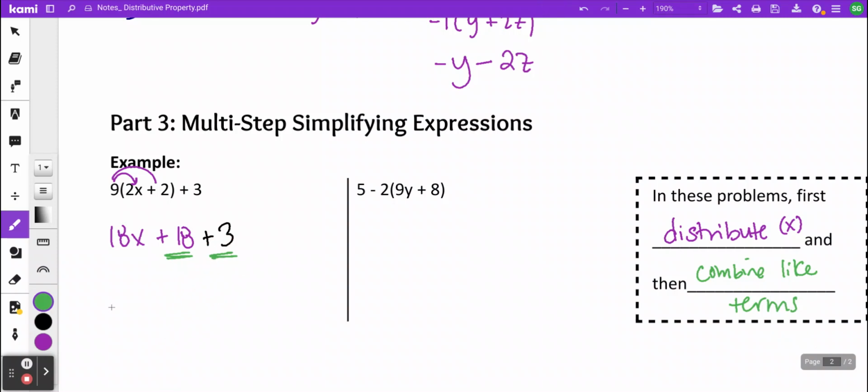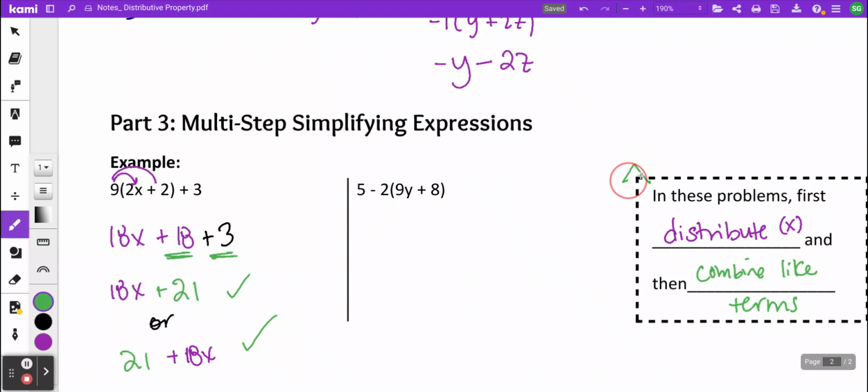So that would be my last part. I want to say 18 plus 3 is equal to 21, a positive 21. And then that 18x, that's just what I'm copying down. Now remember, you can write 18x plus 21, or you can always put that positive 18x at the end, and put your 21 first. Both of those would be correct. They both mean the same thing.